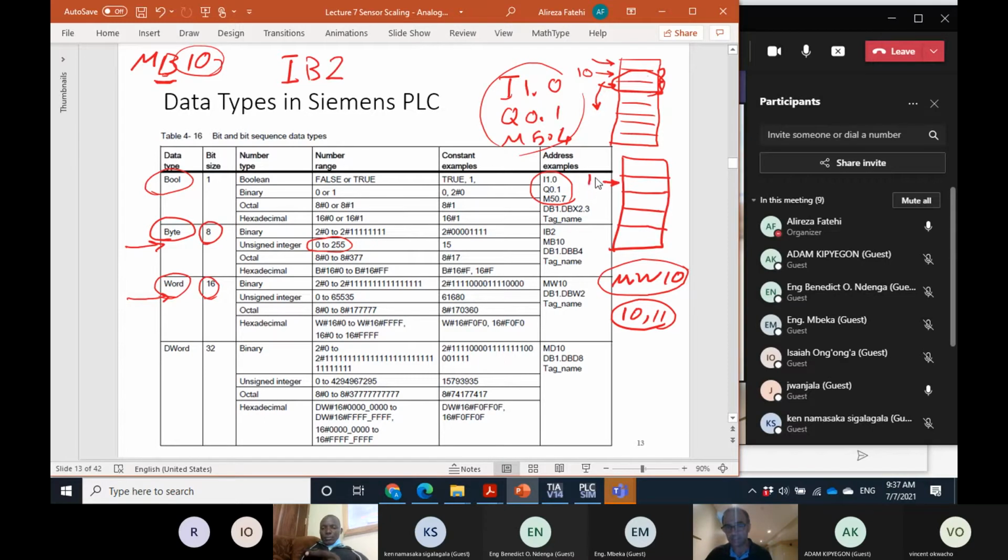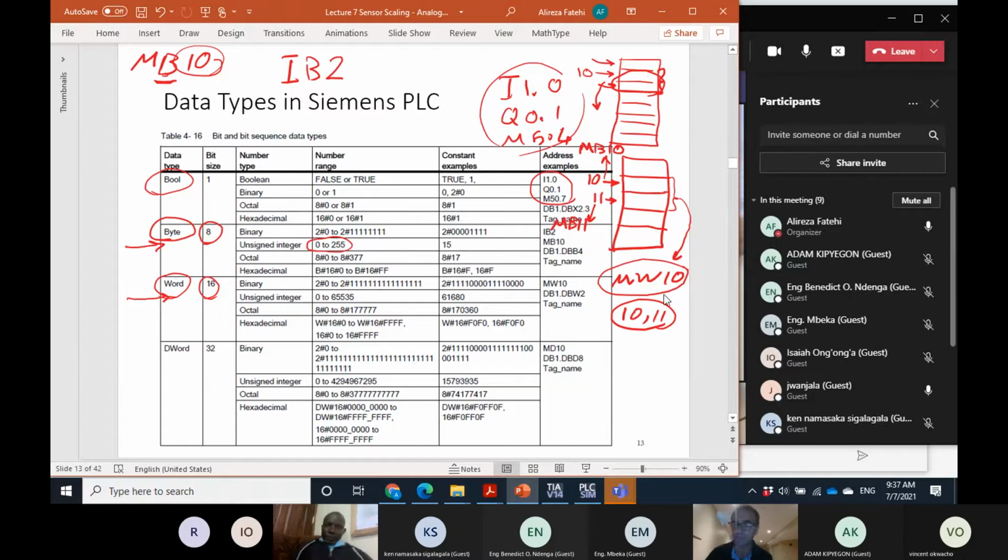So if this is memory byte number 10, and this is memory byte number 11, MB10 means this, and MB11 is this one. But MW10 is this. So memory bytes 10 and 11 together generate memory word 10.